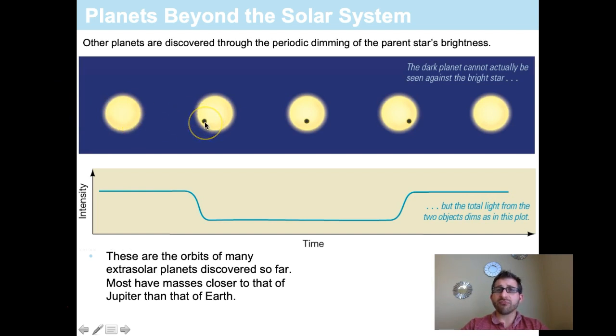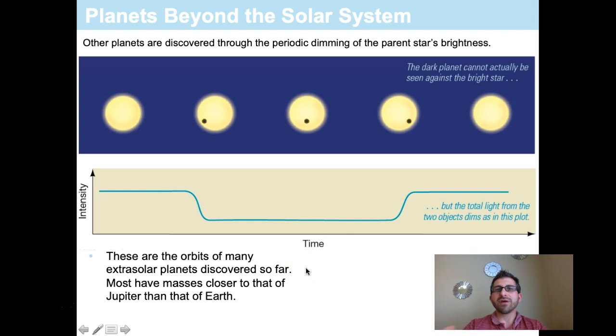When the planet is in front of the star, it drops the amount of light that we see from that star as seen on this graph. The light curve goes down. Then it travels across the radius of that star, as seen here, and eventually the light curve intensity picks back up again, and the planet has now done what's called a transit. It's gone across the face of that star.